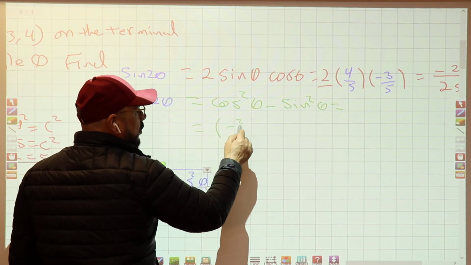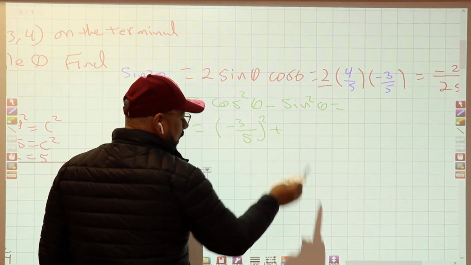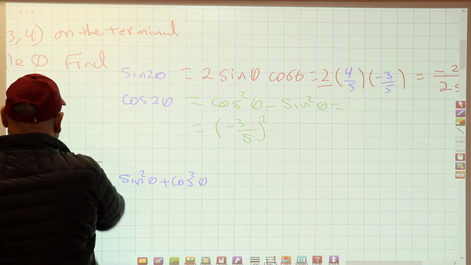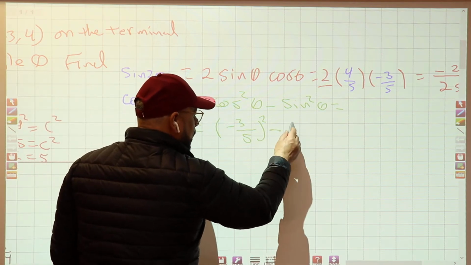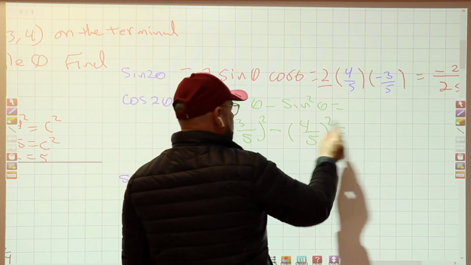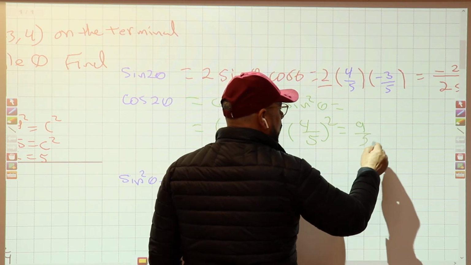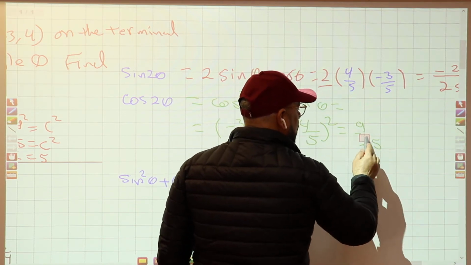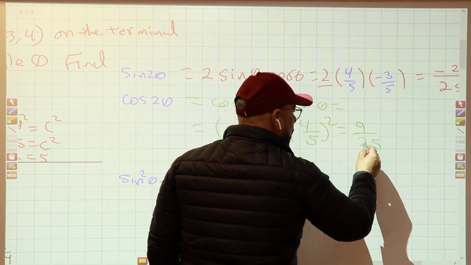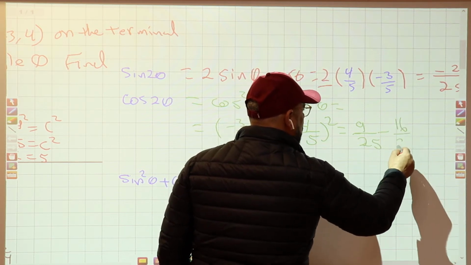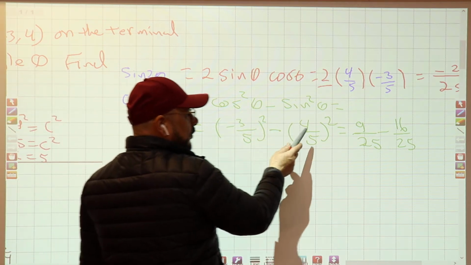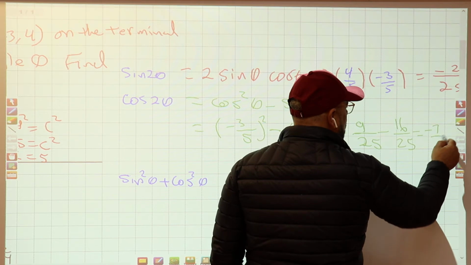Negative 3 over 5 squared minus 4 over 5 squared, which is 9 over 25 minus 16 over 25, because 3 squared is 9, 5 squared is 25, 4 squared is 16. That gives negative 7 over 25.